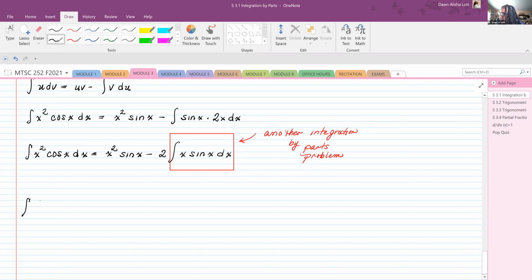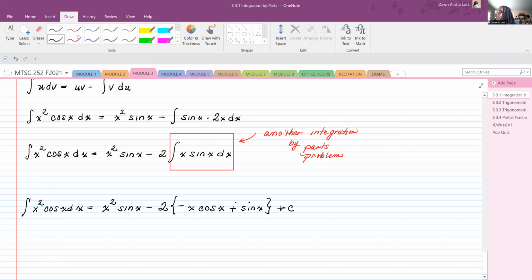The integral of x squared cosine x dx is equal to x squared sine x minus 2 times what we got for that first integral: minus x cosine x plus sine x, and then plus C, because that's what we got from the original.